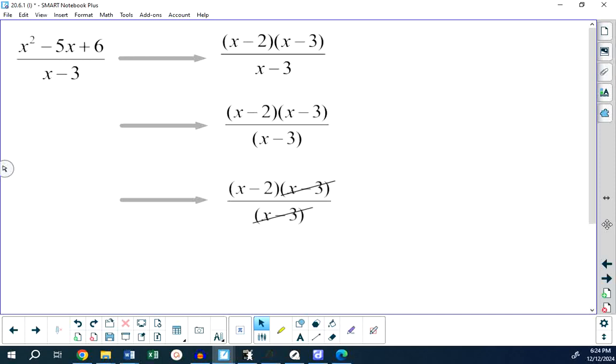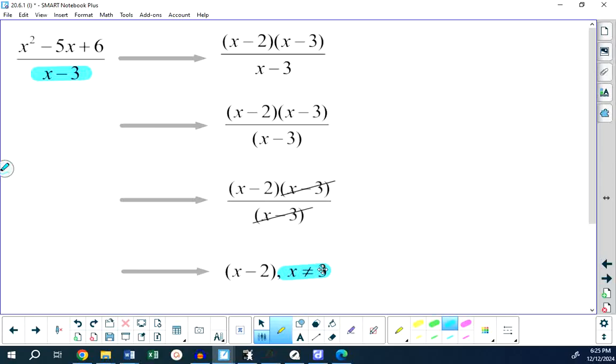It's multiplied by 1 on the bottom. But that means they're both factors, so they cancel. So you're left with x minus 2. Make note that I still have to say x is not equal to 3 because x minus 3 was part of the original rational expression.